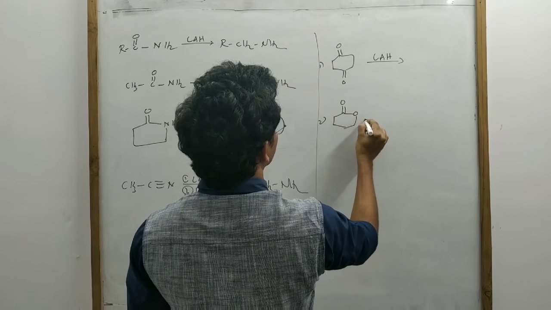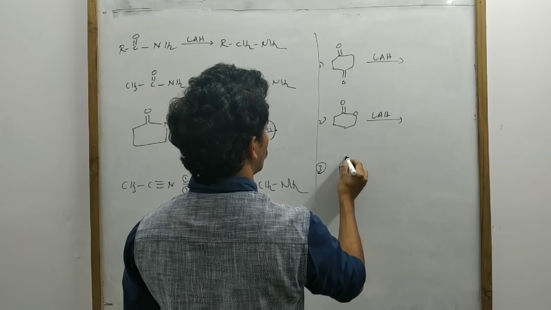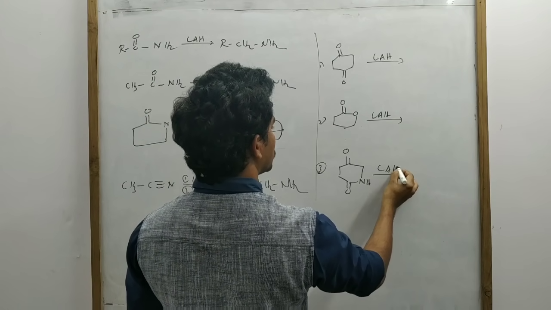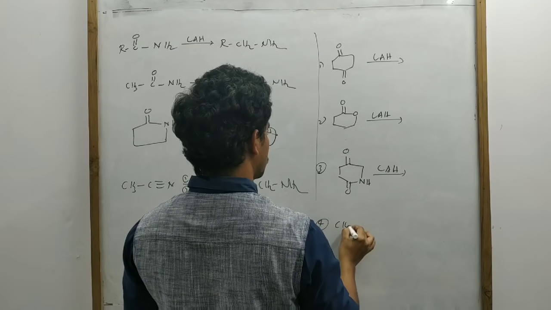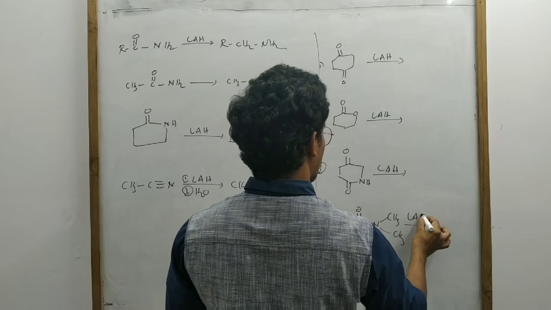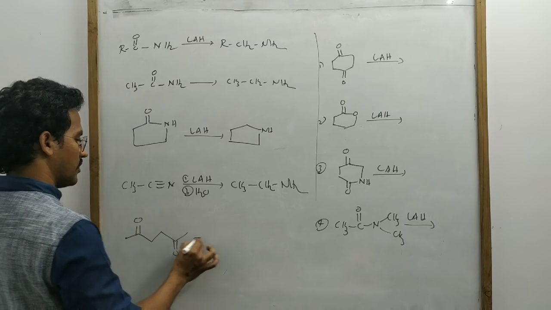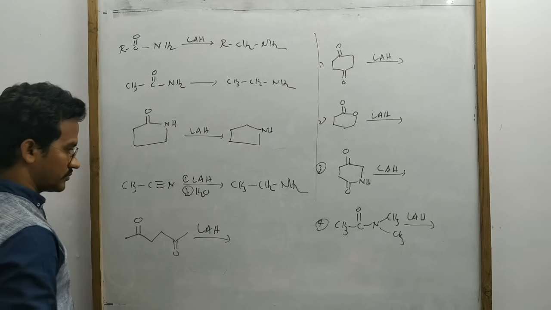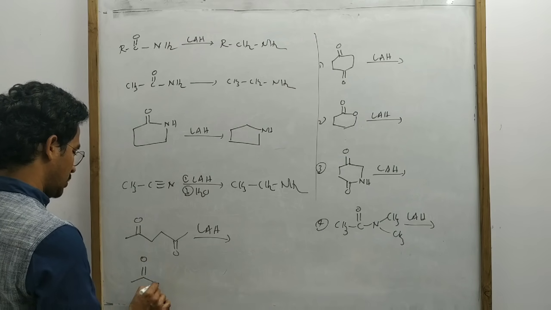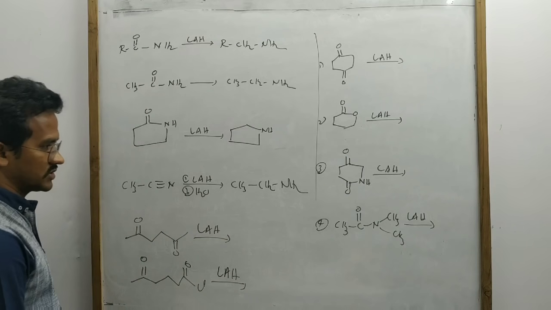This is the cyclic ester, LiAlH4, and keto group, and here this is the amide group, LiAlH4, and fourth one CH3 C double bond O N CH3, LiAlH4. Next, one more reaction, double bond O, LiAlH4. Okay, this one. And next, ketone. Next, acid halide, LiAlH4. Write the products of these reactions.